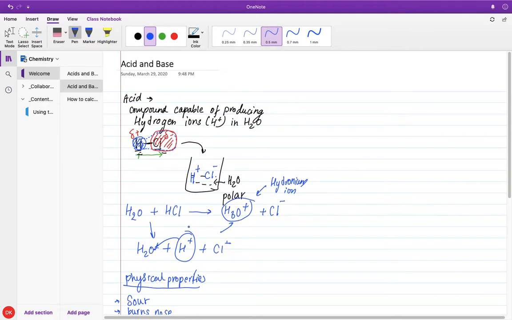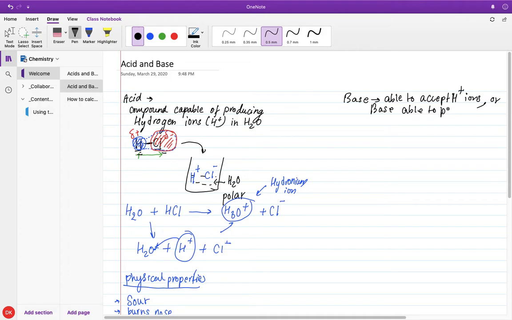Okay, let's talk about bases. A base is the opposite of an acid. If an acid is able to produce H plus, bases are able to accept hydrogen ions, or a base is also able to produce hydroxide ions.